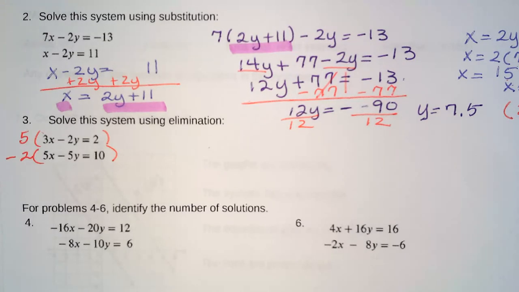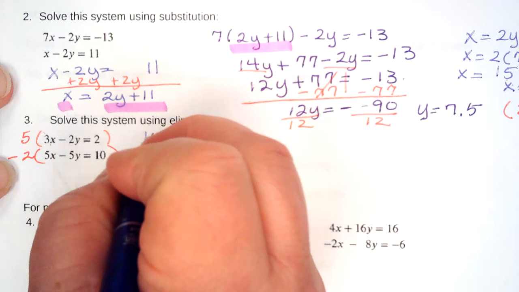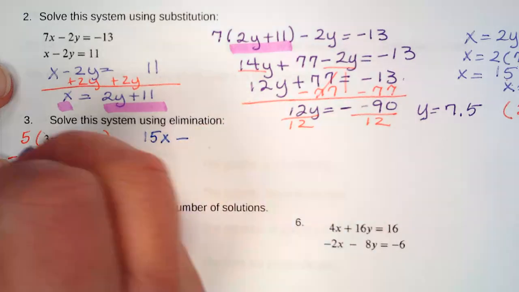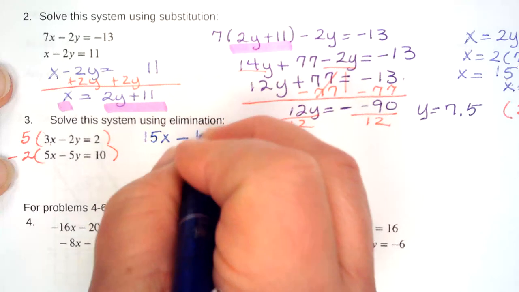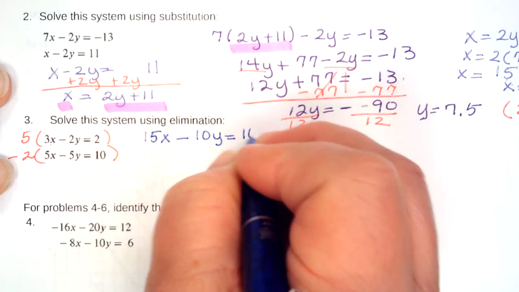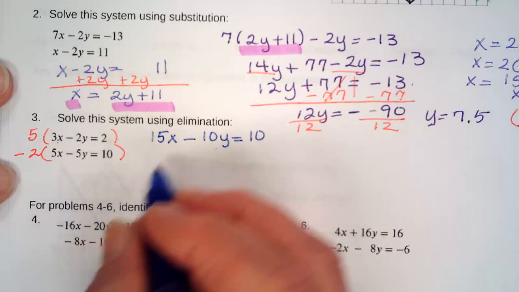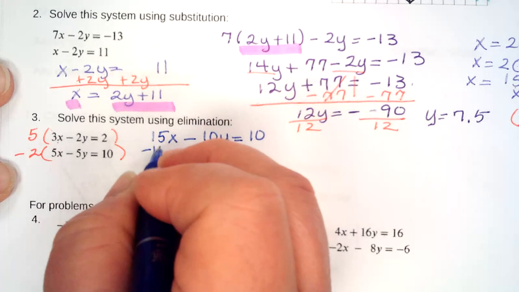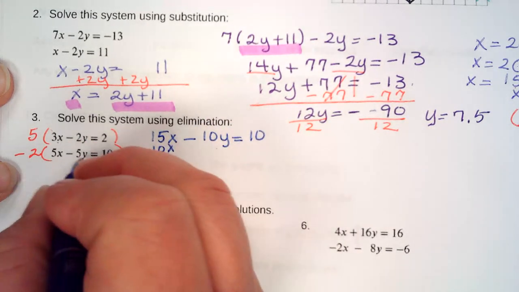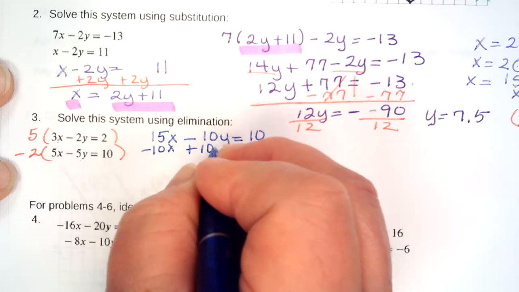So, 5 times 3x is 15x. Minus 5 times 2y is 10y. Is equal to 5 times 2 is 10. Negative 2 times 5x is negative 10x. Negative 2 times negative 5y is positive 10y.